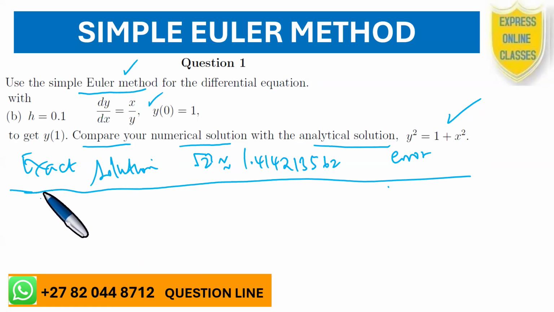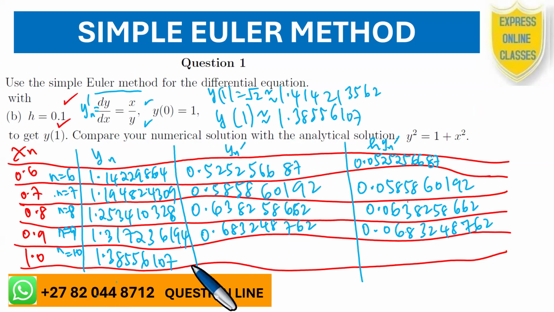So now you'd have the Euler method with h equals 0.1. Okay, we've got the value, which is this one.